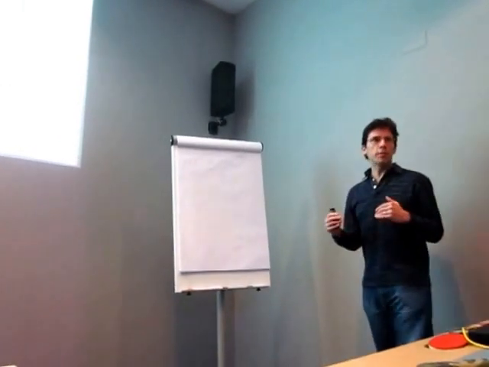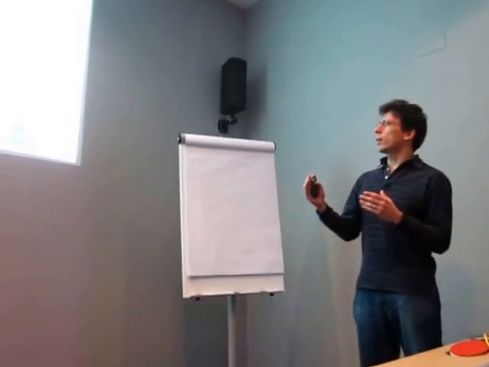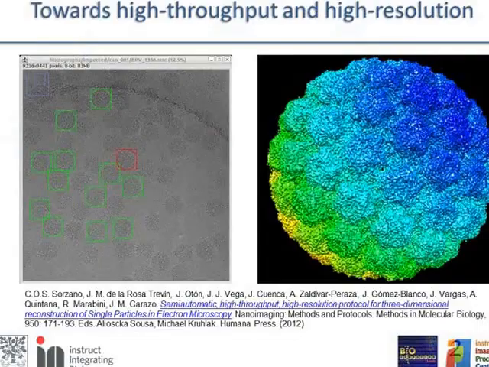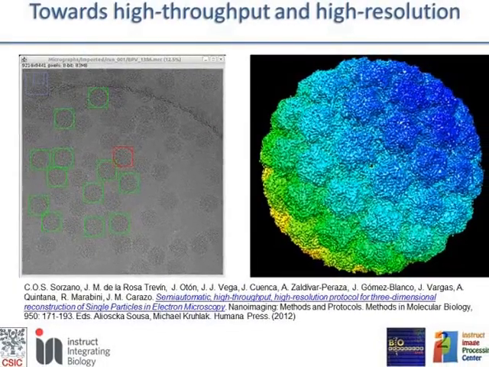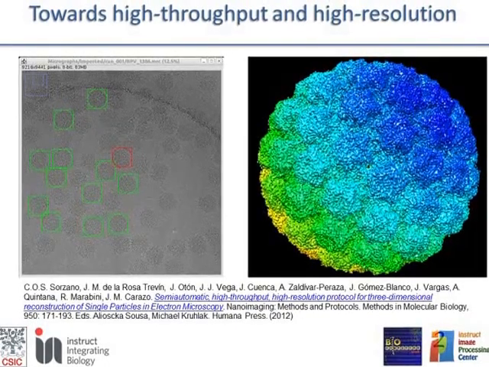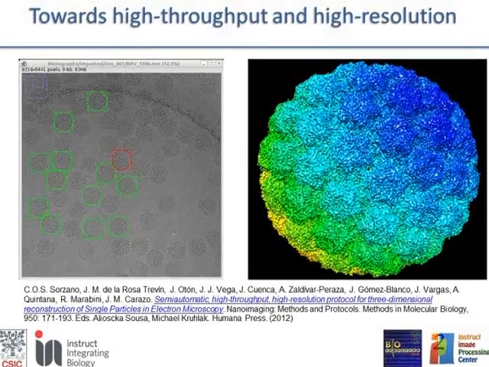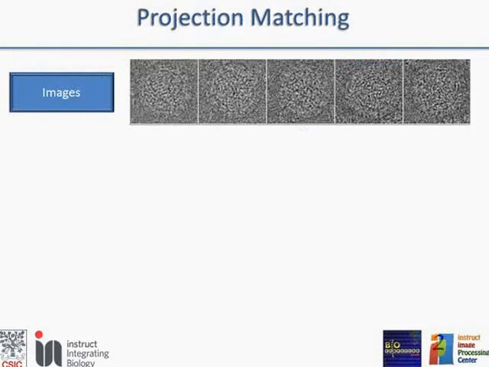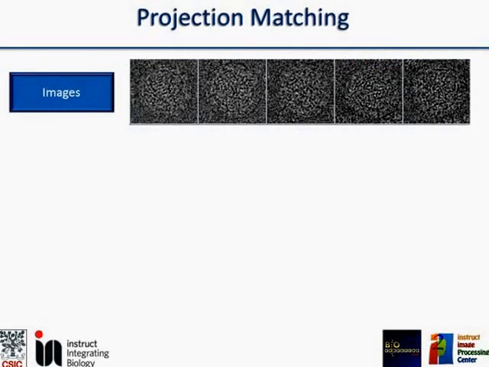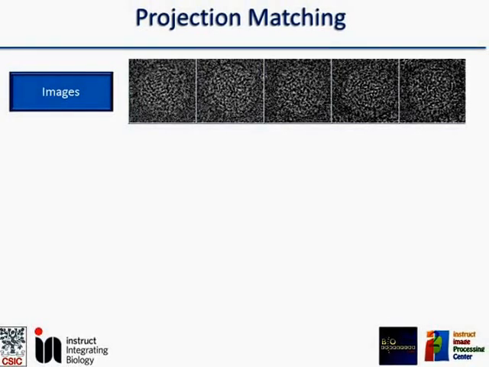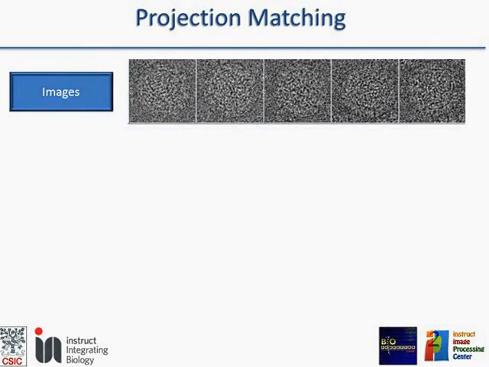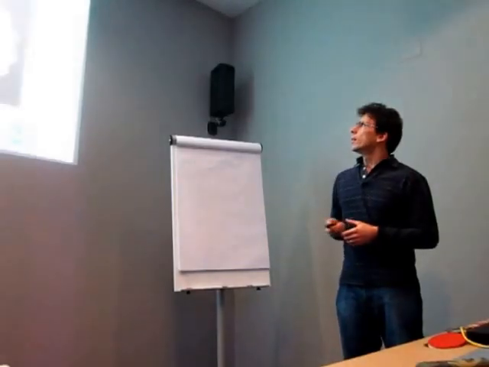So there are several steps. So the first step, the whole thing going from here to there, with respect to the 3D processing, all of it normally fits into this structure of projection matching. So projection matching, you can do it in many different flavors, but the general idea is the same. So you start with some experimental images, like those ones.